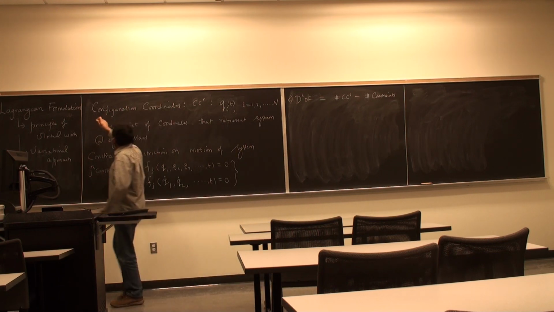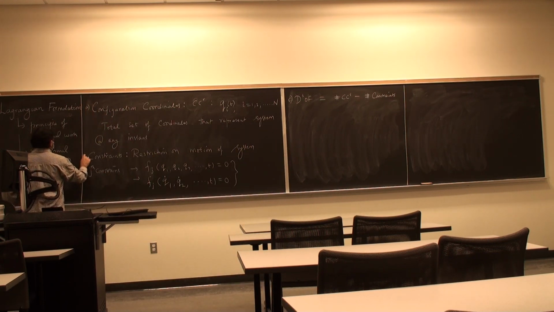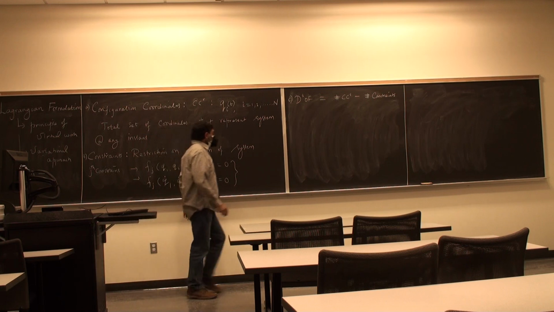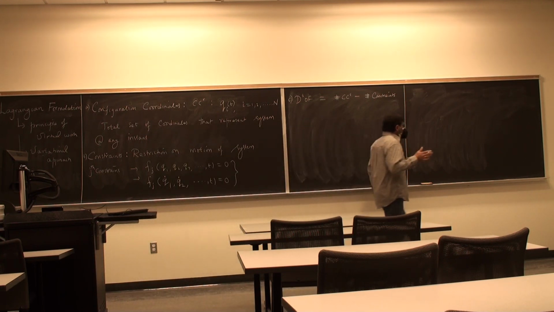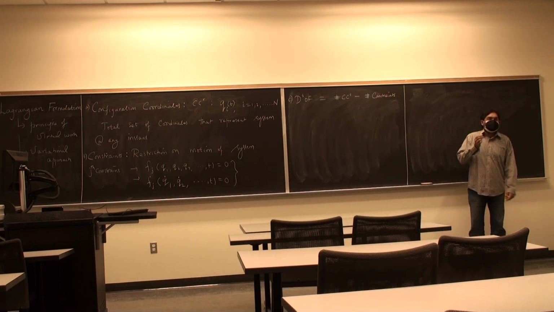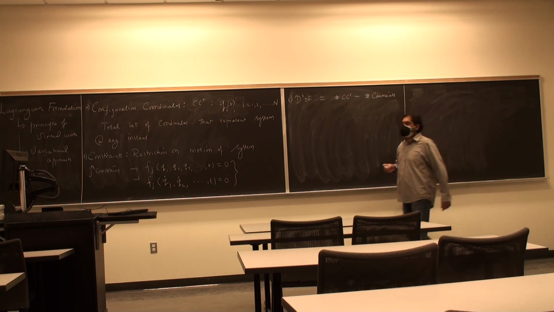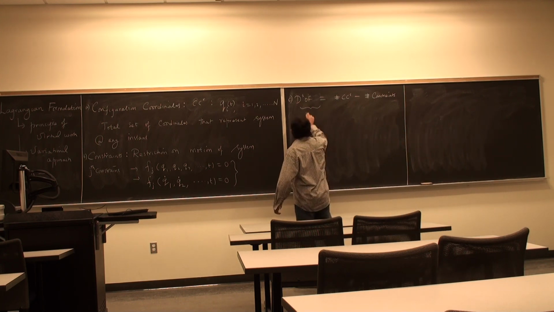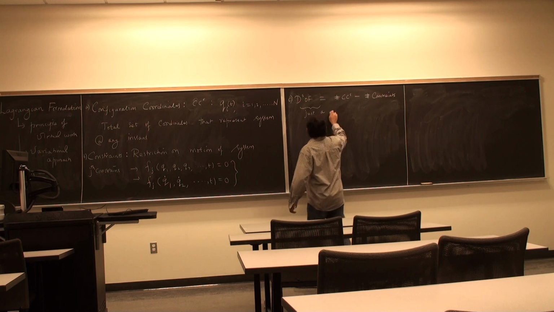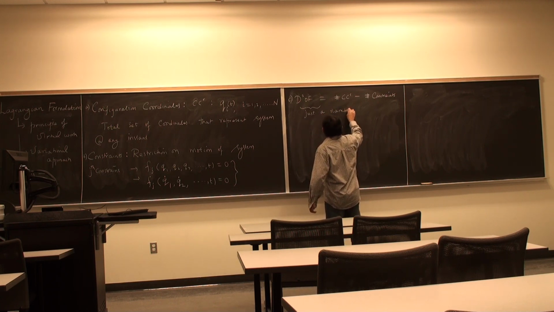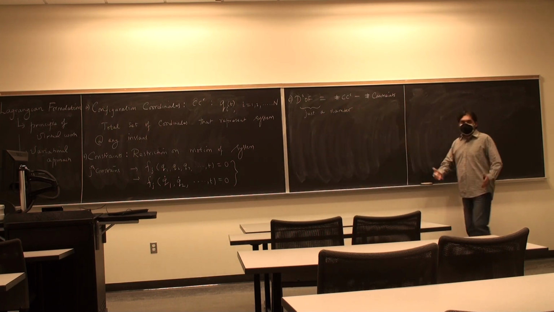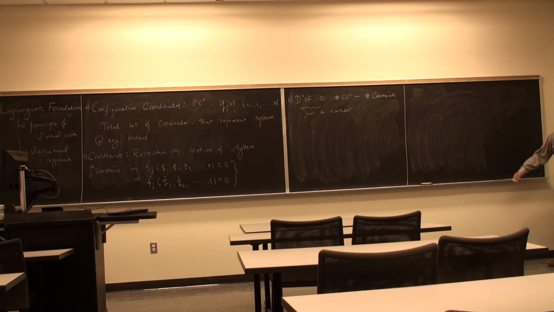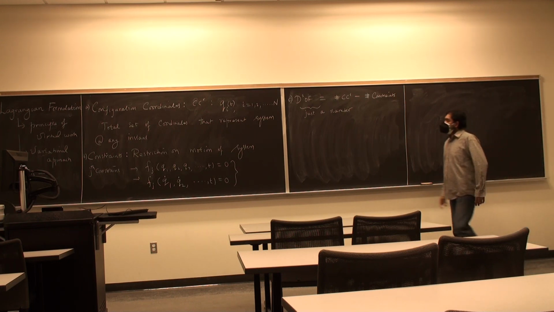A, B, and C. And what I want you to remember from now on is that this degree of freedom is just a number. Two, 3, 5, 7, something like that.